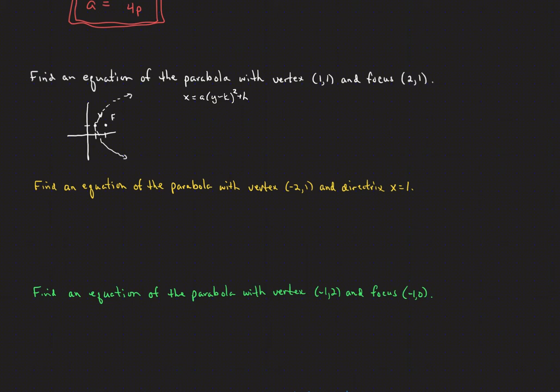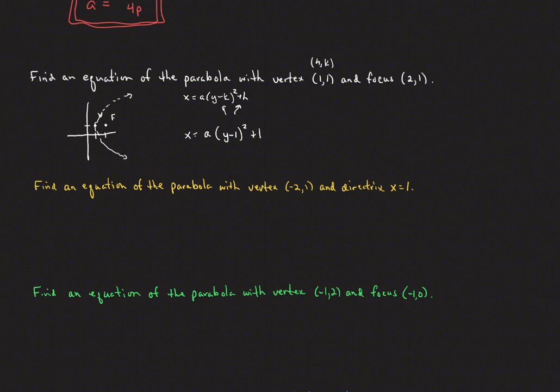The h and the k are the vertex, so in this case they're both 1. So far, x equals a, which we're going to figure out in a moment, times (y minus 1) squared plus 1.